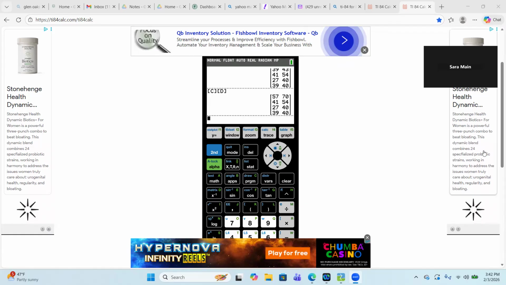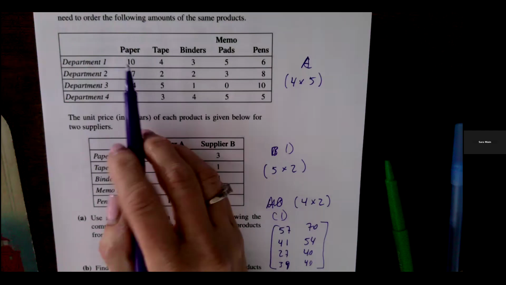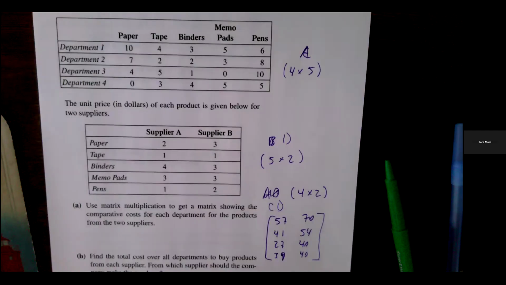Okay, so I'm going to go back to my paper for just a moment here. So this is where I had a 1 instead of a 10. So that was my mistake.